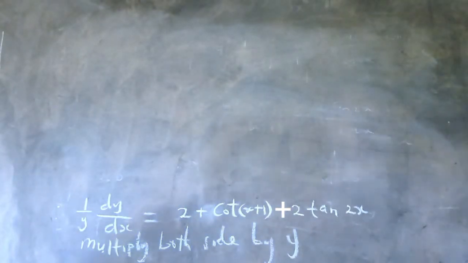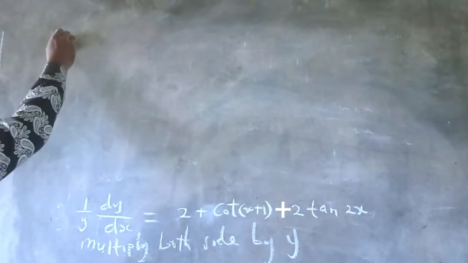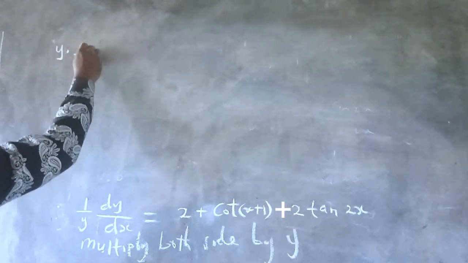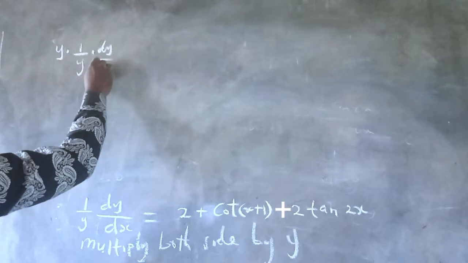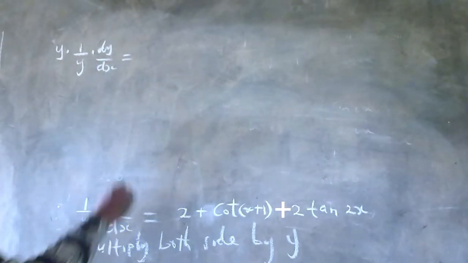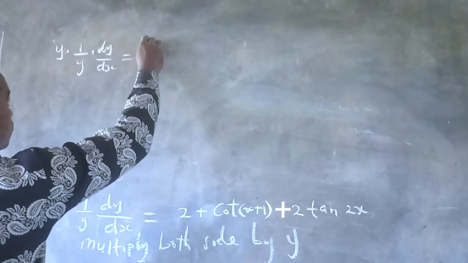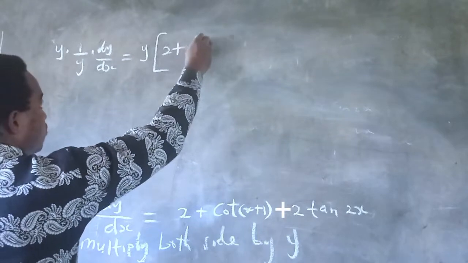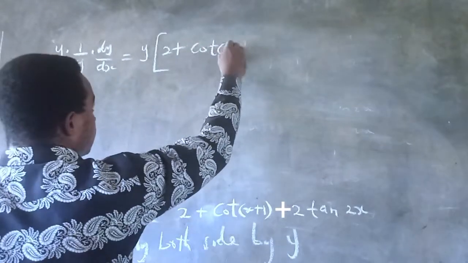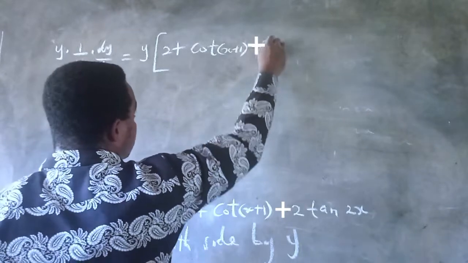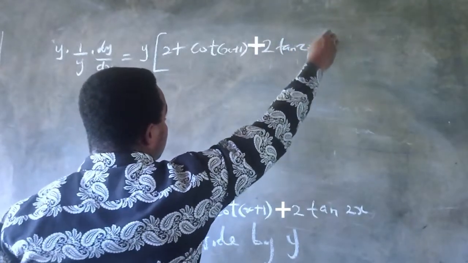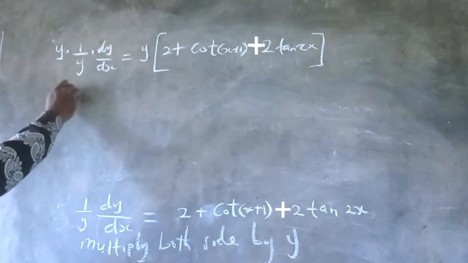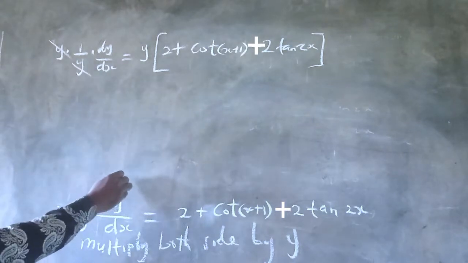So we are going to be having y multiplied by 1 all over y multiplied by dy/dx equals y multiplied by 2 plus cot x plus 1 and plus 2 tan 2x. So that cancel out each other.